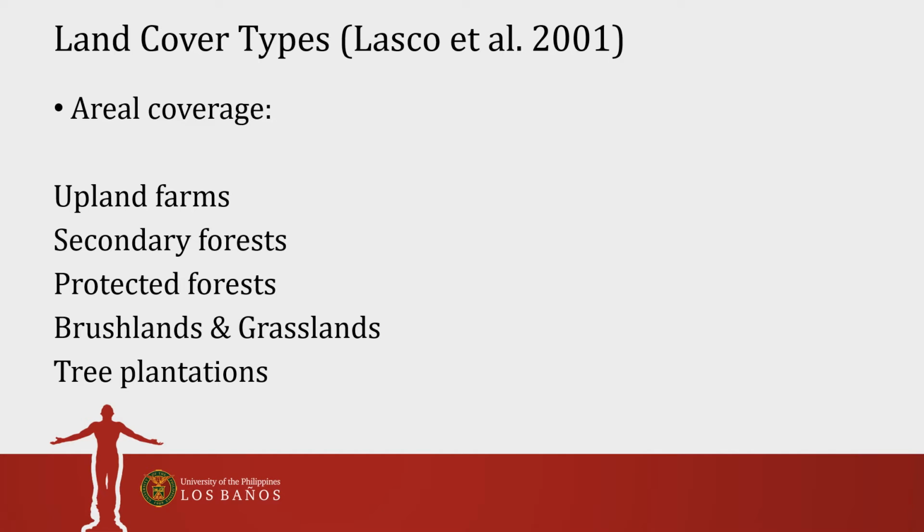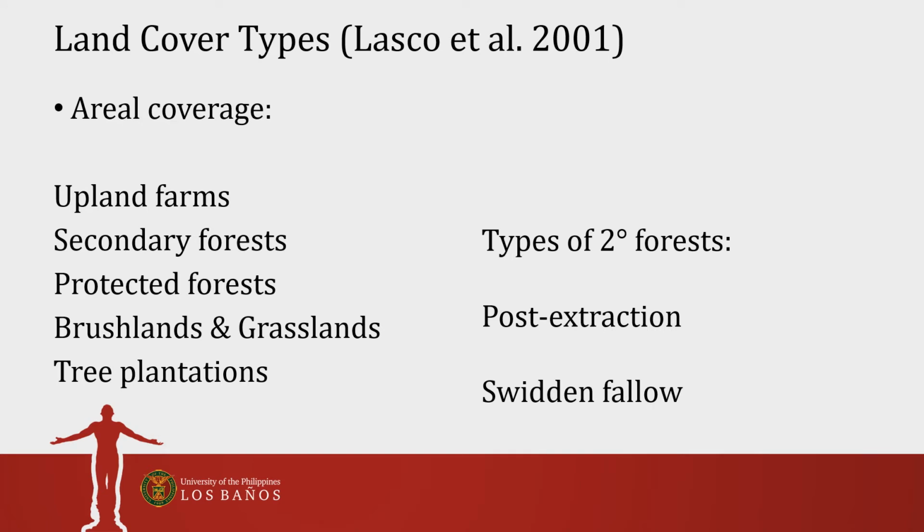According to Lasco et al., 2001, the major land cover types in terms of aerial coverage are upland farms, secondary forests, protected forests, brushlands and grasslands, and tree plantations. The two most dominant types of secondary forests are post-extraction secondary forests and swidden-fallow secondary forests.